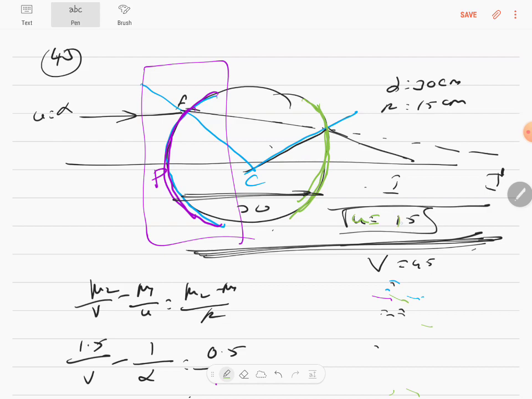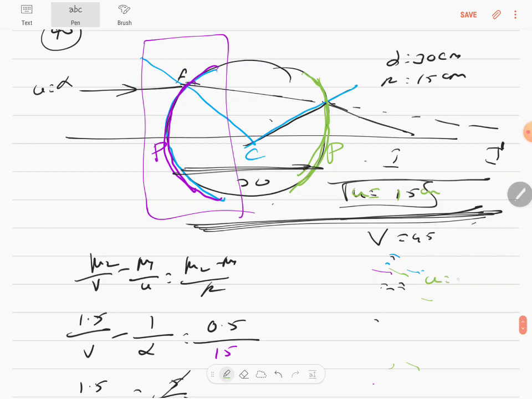So this is going to be 45 minus 30, which will be 15 centimeter. This is going to become the new pole, and 15 centimeter is the object distance. So u is equal to plus 15 centimeter. The radius of curvature is still 15, but it's minus 15 because for the green phase it is to the left, so minus 15.